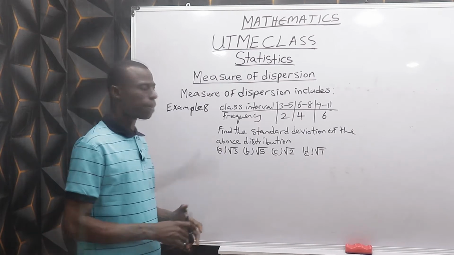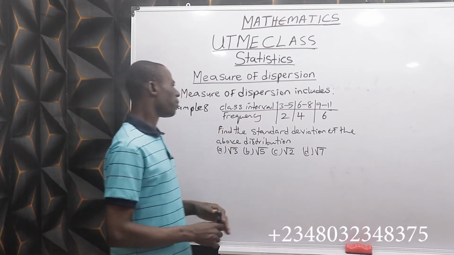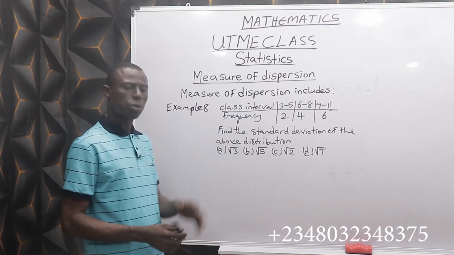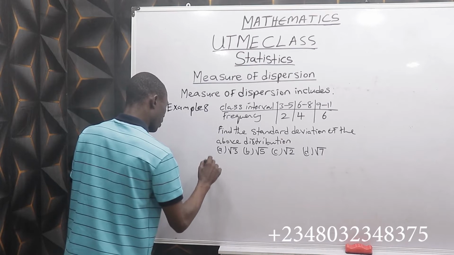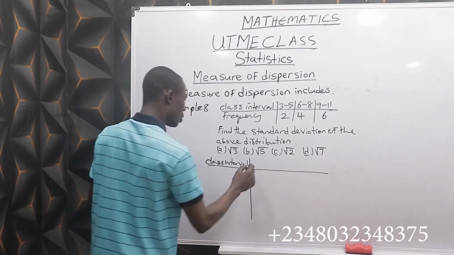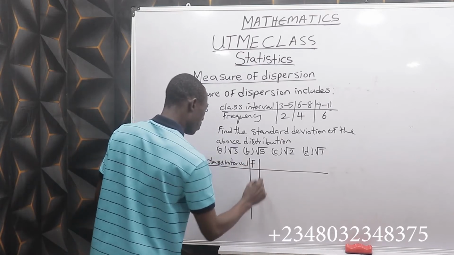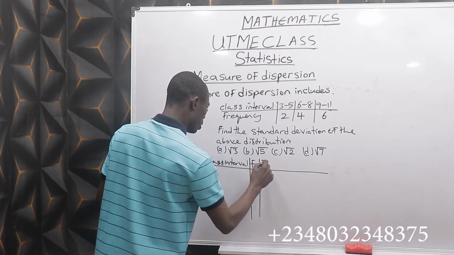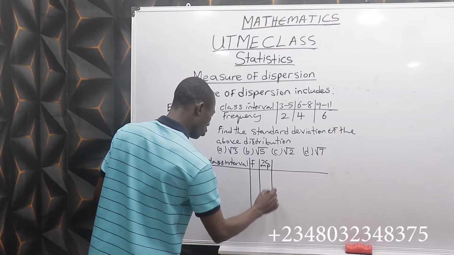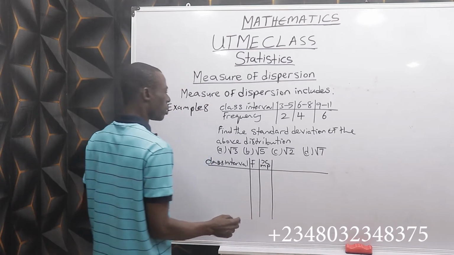Example 8. Find the standard deviation of the above distribution. In the distribution, we have class interval, and we have frequency. Definitely, we will have x value, which is the midpoint value.